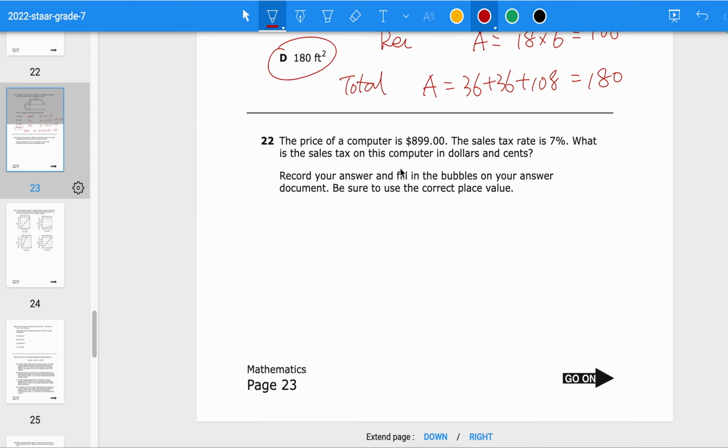22. The computer price is $899. The sales tax is 7%. So what is the sales tax here? We just need to calculate the percentage, right?